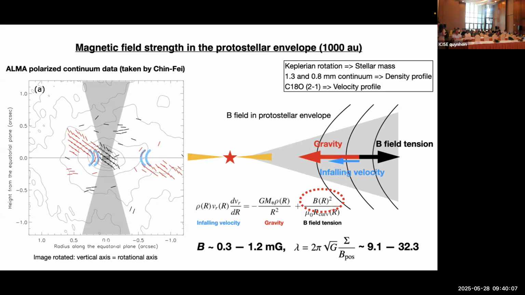So any more questions? Yes. Why are the polarization vectors here so asymmetric? So I think this has also been discussed by Qinfei, and they propose that it's due to a toroidal field.